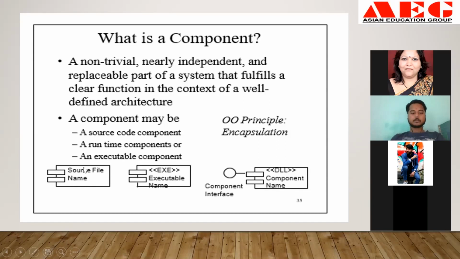In UML, we will represent it in this form, and a runtime component, that is an executable file, will be shown like this. This is a runtime component, DLL, and executable is the executable component. So a runtime component will always be represented like this in your UML diagrams.